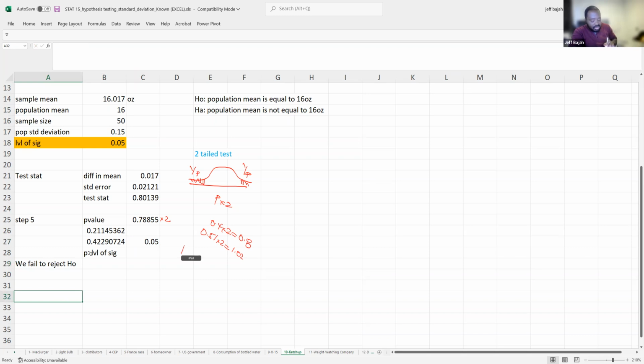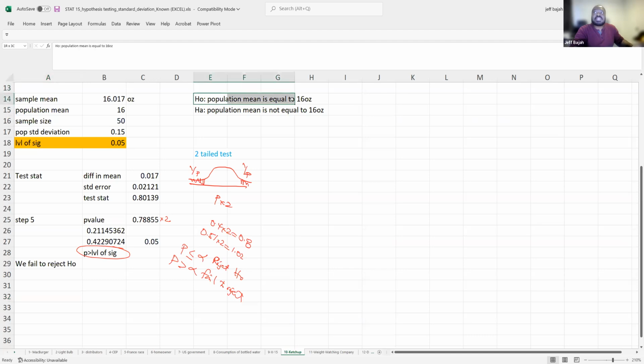Remember, when your p-value is less than or equal to alpha, you reject H0. When your p-value is greater than alpha, you fail to reject, which is what happened here. We fail to reject H0. What that means is we don't have enough evidence to reject this. So that means that this will stay the same.